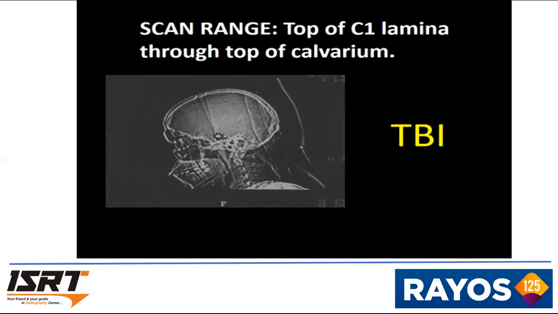So you can pull down the lower limit a little bit for traumatic cases. For routine head also, it is better to include some of the maxillary sinuses. Maxillary sinuses are very important because people often complain about headache and the reason may be sinusitis.